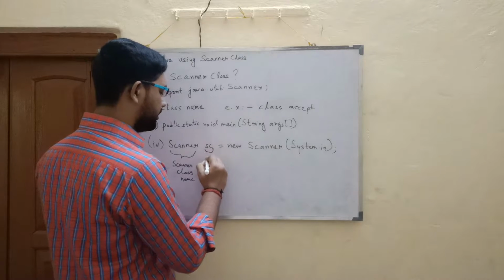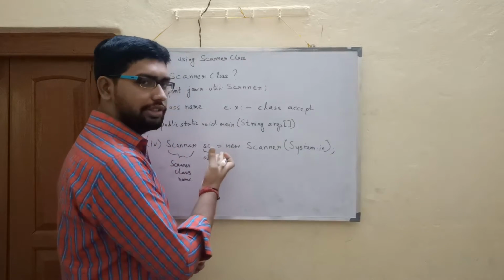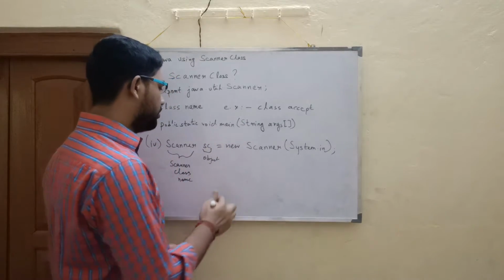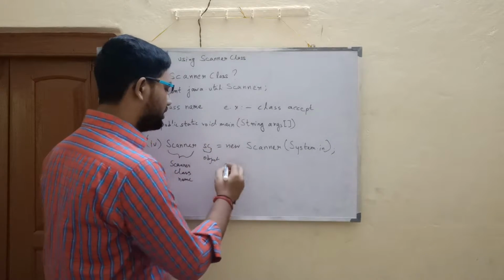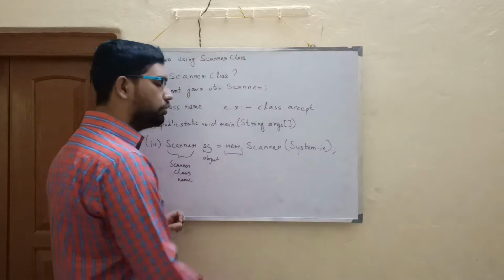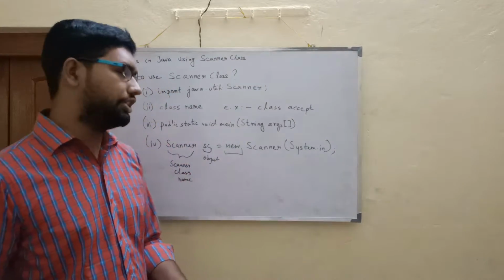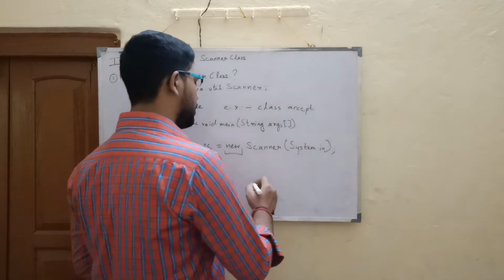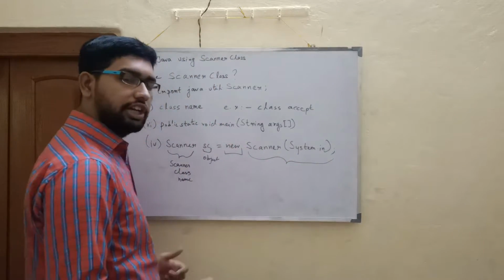This sc is an object of Scanner, followed by the equal symbol, which is used to initialize the contents of the object sc. The new keyword is used to create the object. Then Scanner is followed by the constructor of class Scanner.